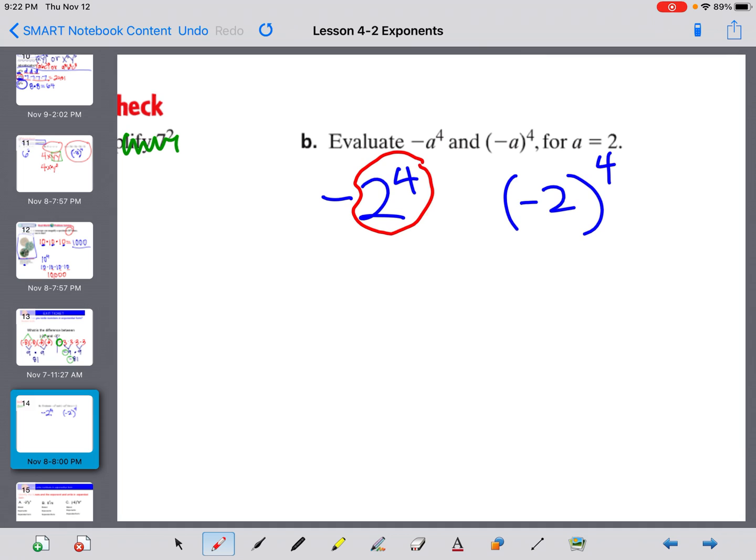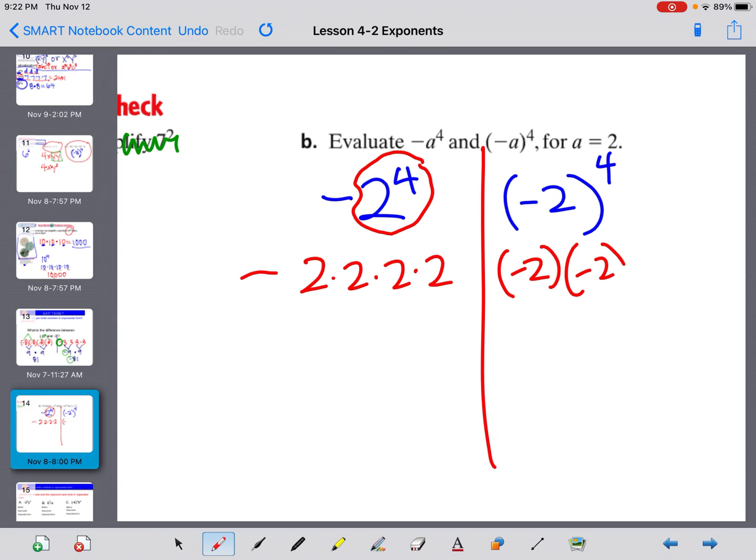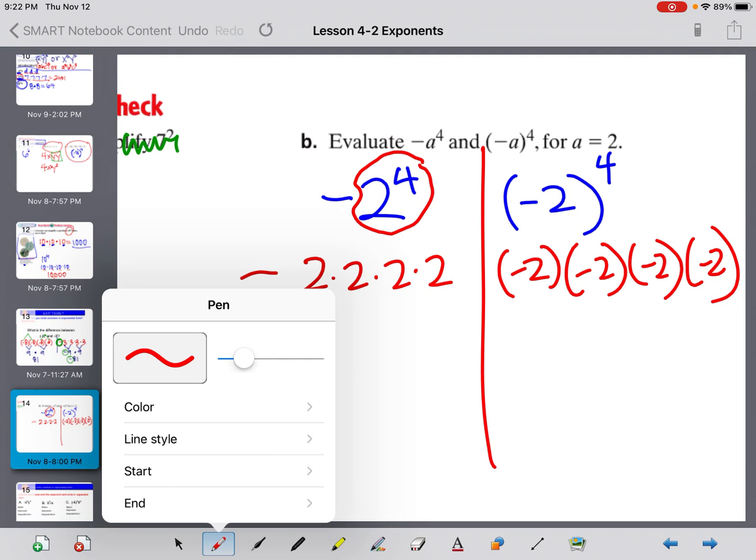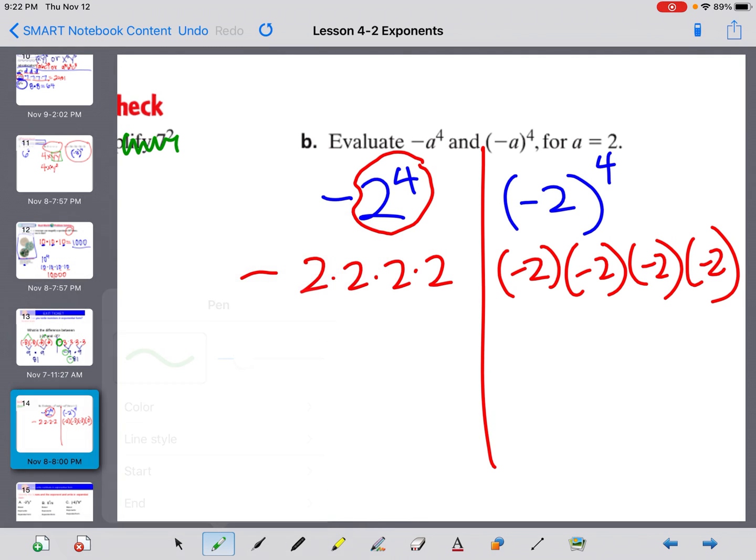On the left, 4 is attached to the 2, not the negative. On the right, 4 is attached to negative 2. We can't just get rid of the parentheses because we're feeling like it. Now what happens? Okay, that was expanding it out. Now what's the value?